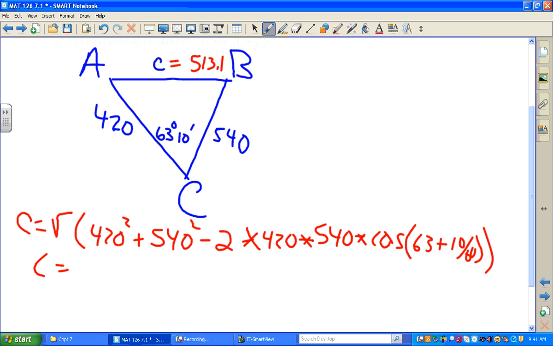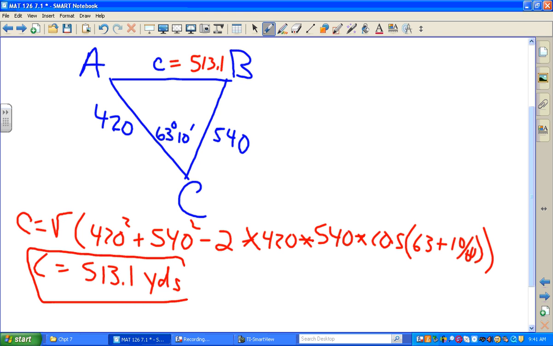So C equals 513.1 yards. Does that punch out on everybody's calculator? No, it just said find the distance between 2 points. All right, that's good. Law of cosines.